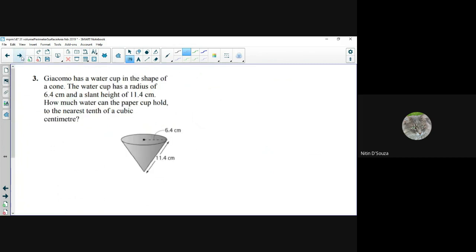Let's do 3. Again, they give us the slant height, and we want the perpendicular height or the vertical height. So I'll call that h. We know that h squared plus 6.4 squared is equal to 11.4 squared.